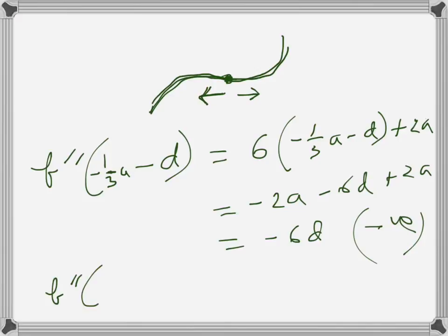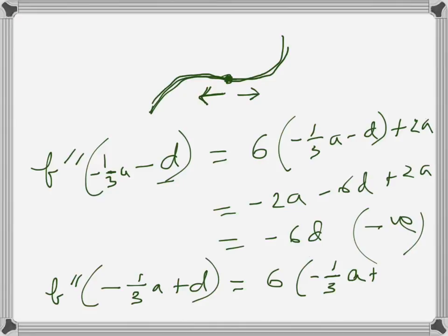Now let's see the sign of the second derivative on the right of the point of inflection. Going a little to the right, by the same amount: 6 times minus 1/3 a plus d, plus 2a. This becomes minus 2a plus 6d plus 2a, so plus 6d, which is positive.